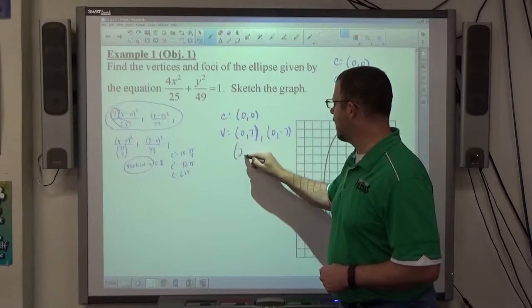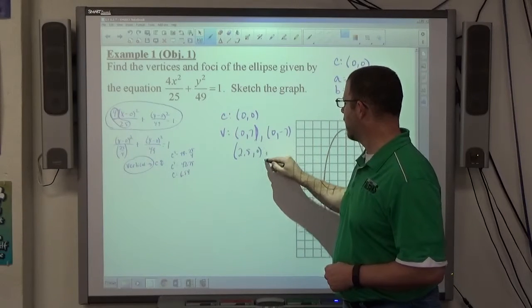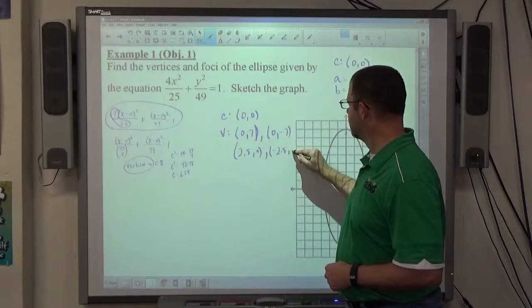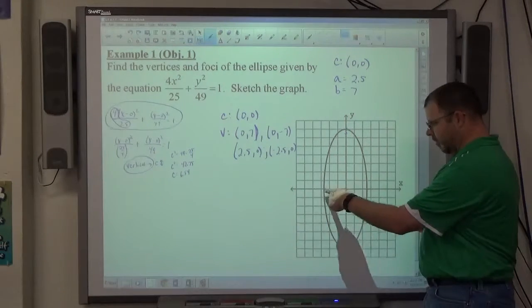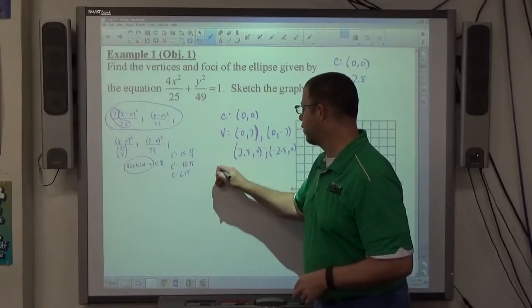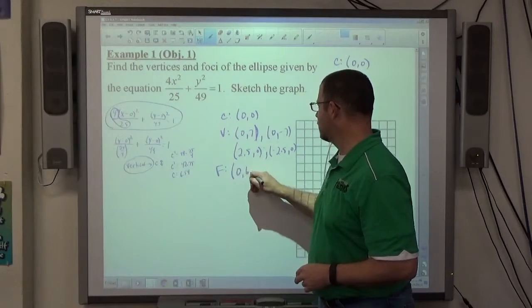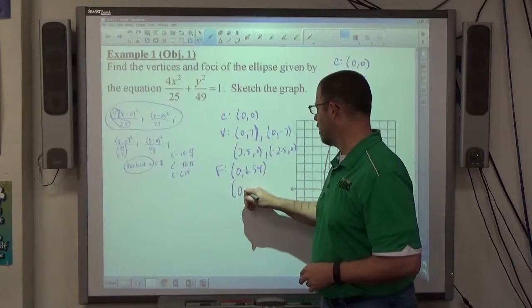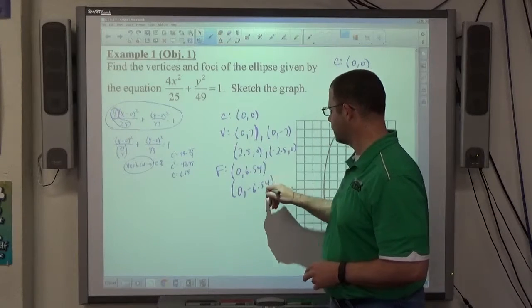And then 2.5 comma 0 and negative 2.5 comma 0. And then my foci are going to be 6.54 up and down of 0, 0. So the focal points are 0 comma 6.54 and 0 comma negative 6.54.